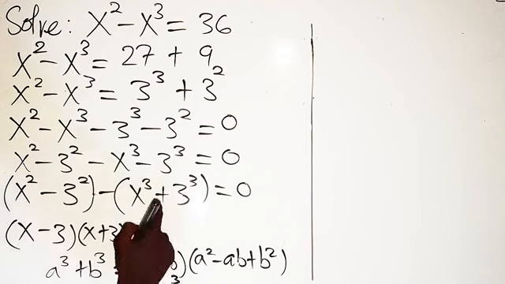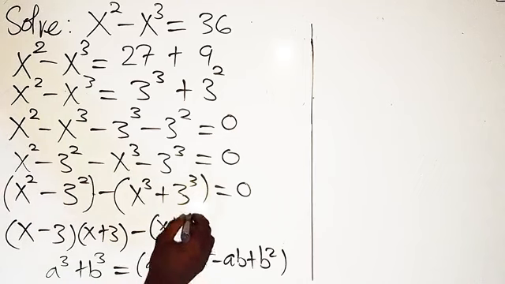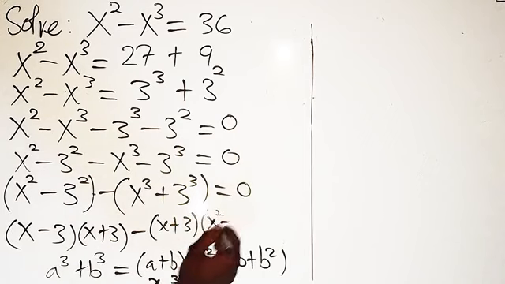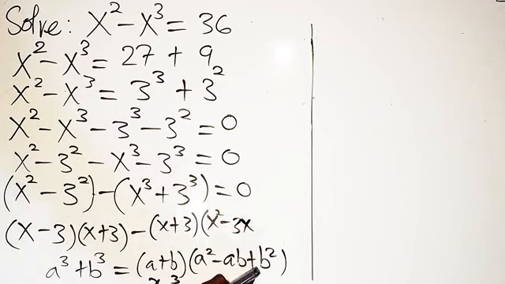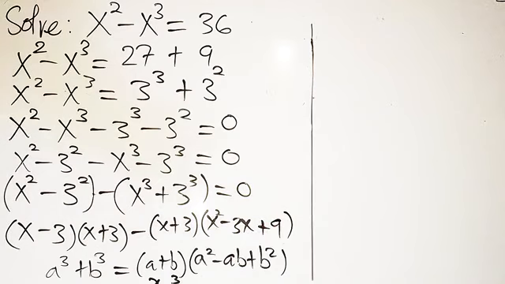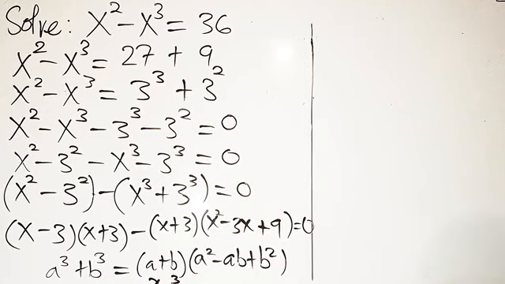So I'm going to apply it here. A is x plus b is 3, then multiply by a squared, that is x squared, minus a times b, that is 3x, then plus b squared, that is 3 squared, which is 9. Then we equal this to be 0. So now we can see that we are going to do factorization here.